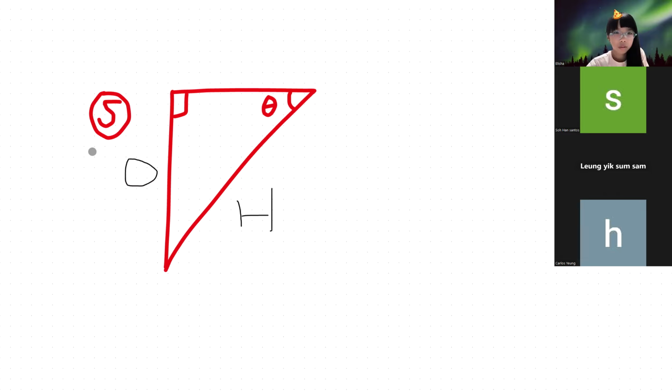Good job. Santos, I will explain one more time. It is very easy to spot the A. When you see the theta and the right angle, that is your A. When it is opposite to the right angle, that is your H, hypotenuse.